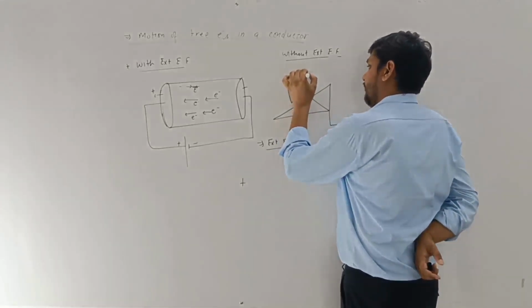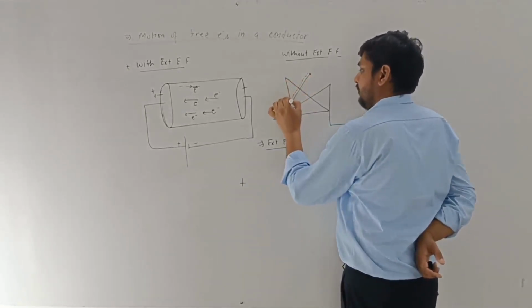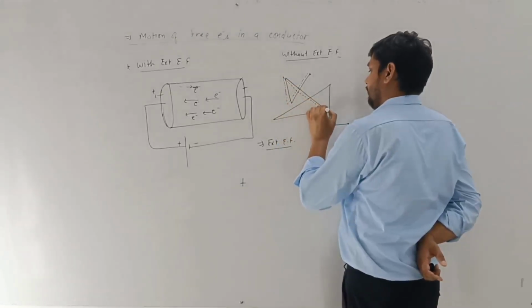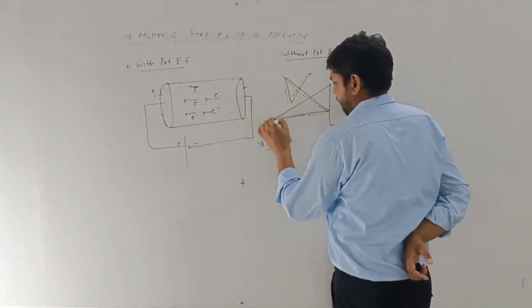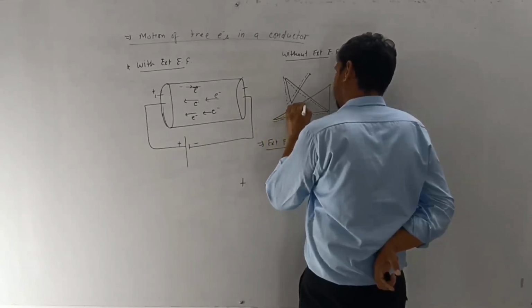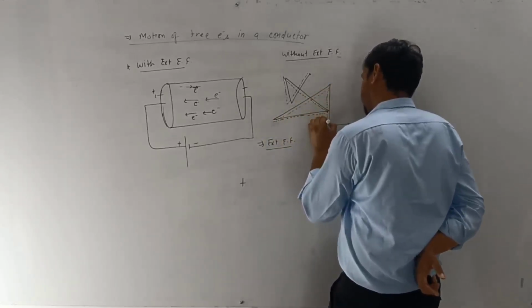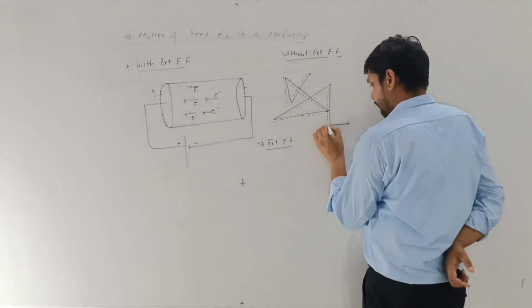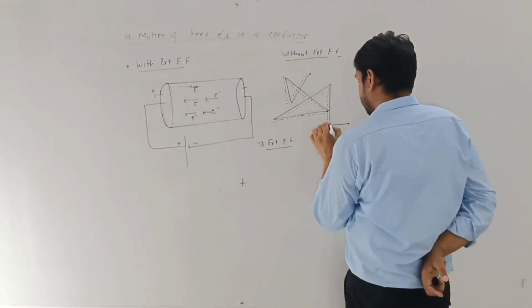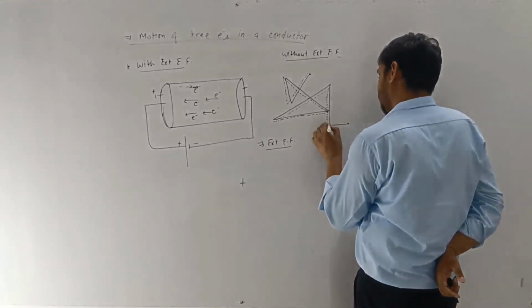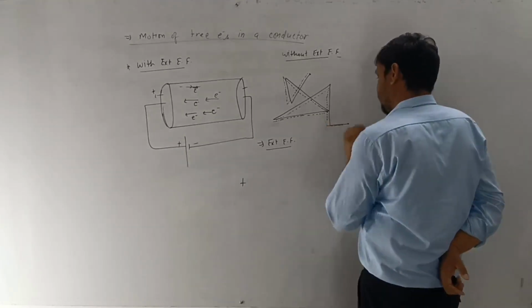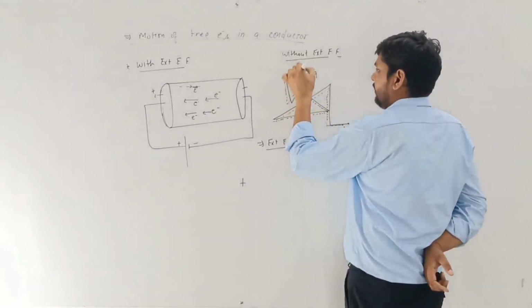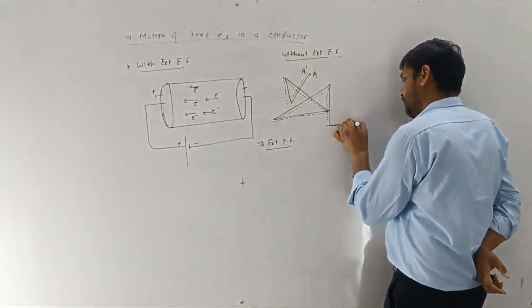If I draw here, if this point is A and this point is B.